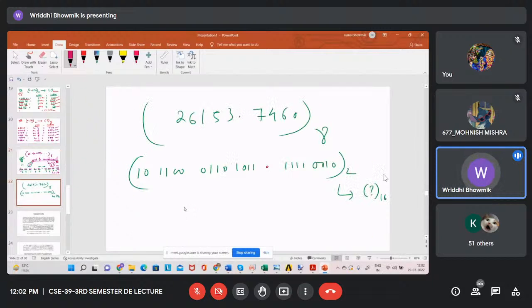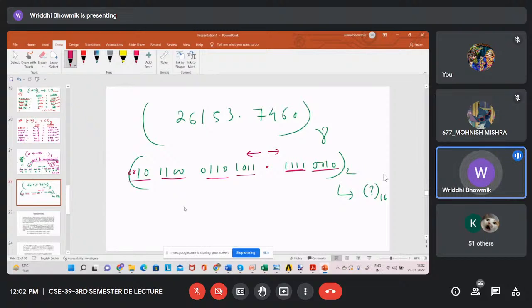So from this point, you will go to the left hand side, and here you make the group of 4. So 00 you can put over here, group of 4, and you go to the right hand side, and again you make the group of 4.